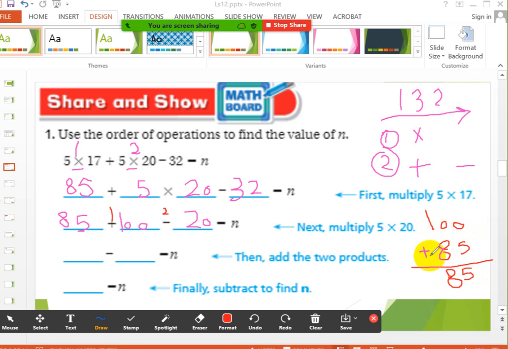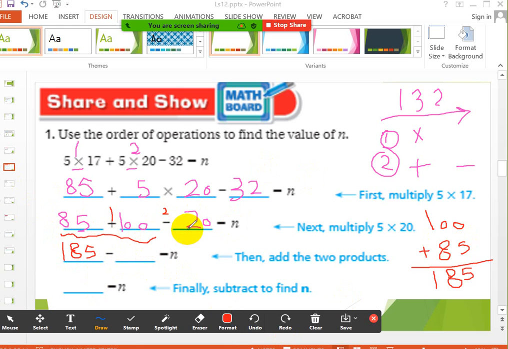And there is no hundreds right here, so I will take it and put it down. So it will be 185. This is the answer for the first operation. So I found the first answer for this addition.